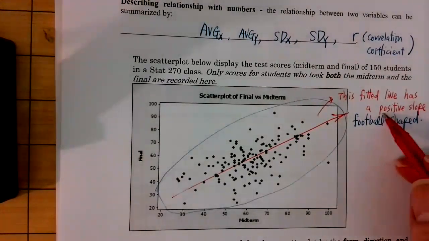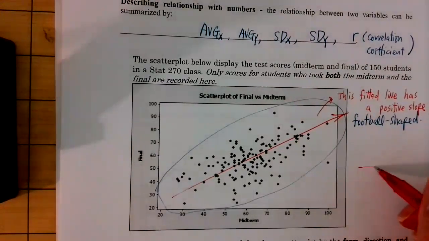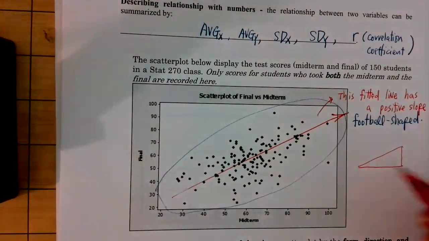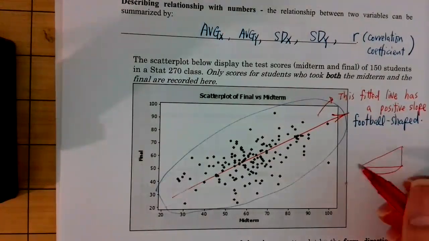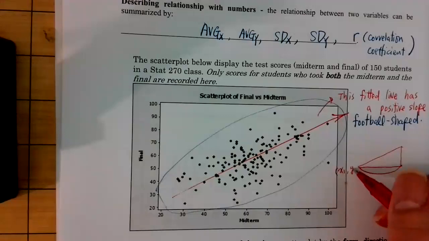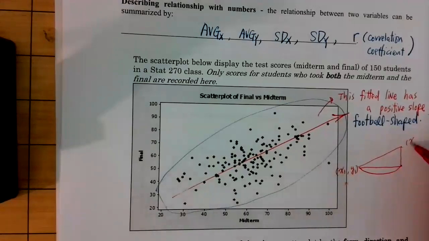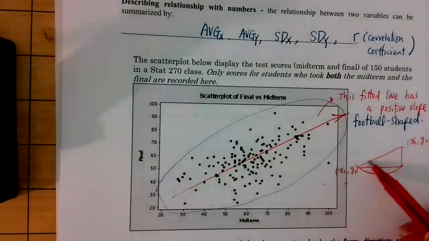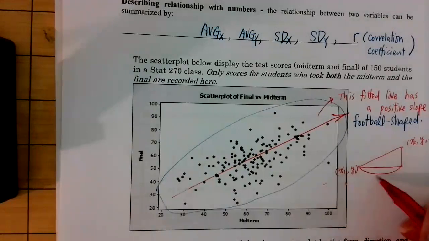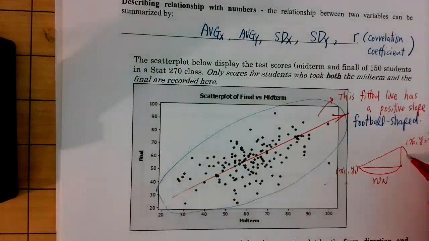Okay? Now, what is a positive slope? Let's look at the picture here. In a triangle, this point is x1, y1. Say this point is x2, y2. 2 points will uniquely determine a line, okay? And the horizontal move, we call this is what? Run. And vertical move, we call this is rise.